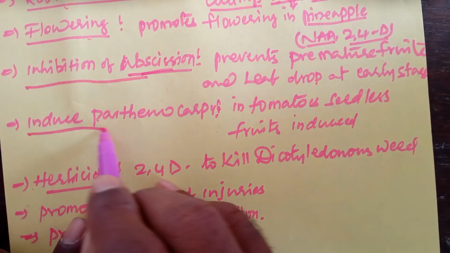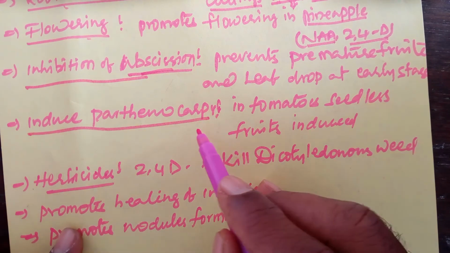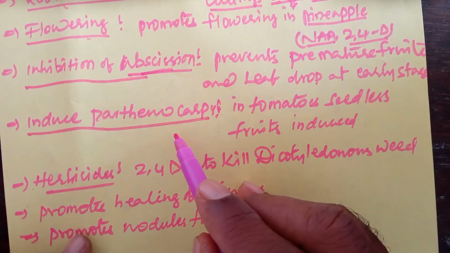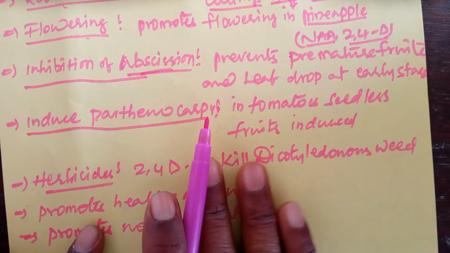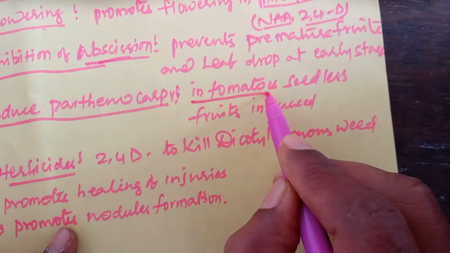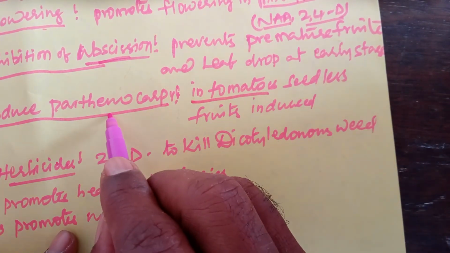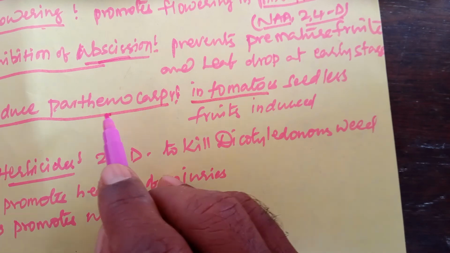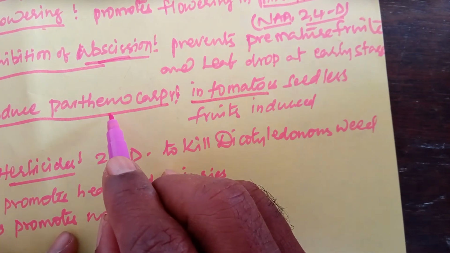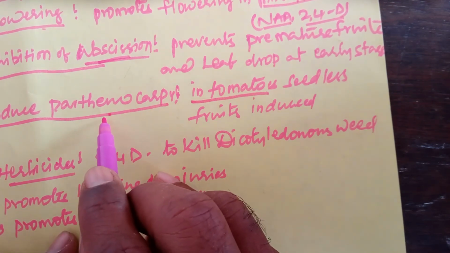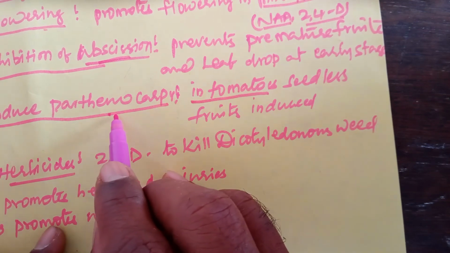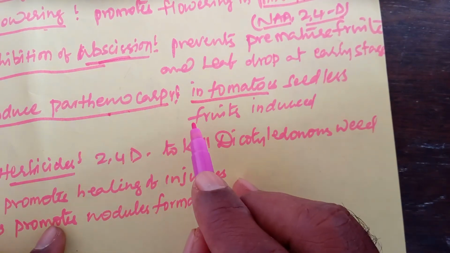Another function of auxin is parthenocarpy. Auxins induce parthenocarpy, mainly in tomatoes. Parthenocarpy means seedless fruits. Seeds are not found in the fruits, and this is mainly induced by using auxins.